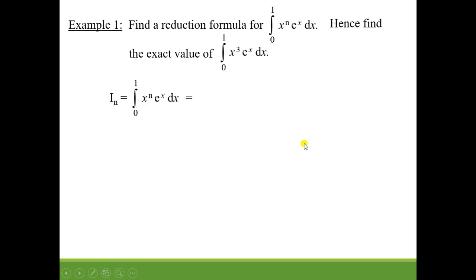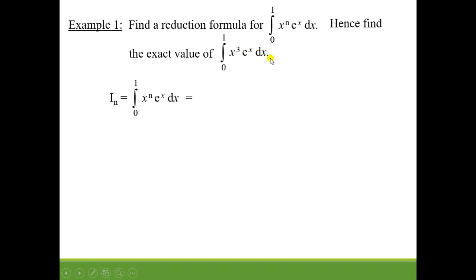See here, the example is: find the reduction formula for integration 0 to 1 x raised to n e raised to x dx. Hence find the exact value of integration 0 to 1 x cube e raised to x dx. So this is a combination of theory as well as a multiple choice question.